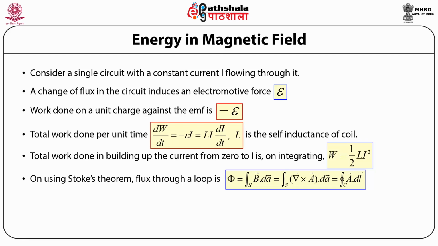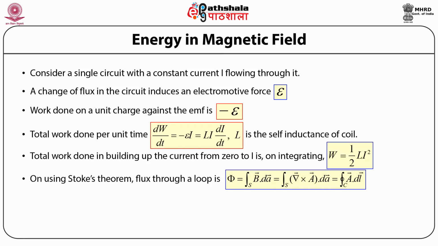So if A vector is the vector potential, then the magnetic field induction vector B can be written as the curl of the vector potential A. So using this expression, the flux through the loop, phi, becomes the surface integral over the surface element dA of the curl of the vector potential A dot dA.